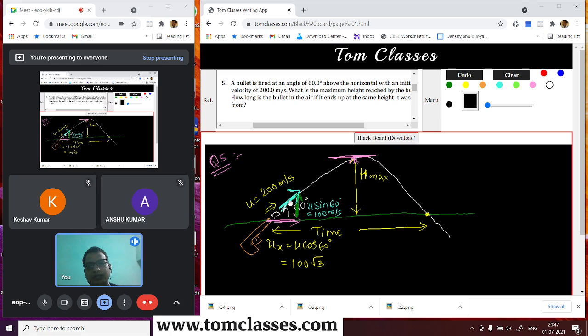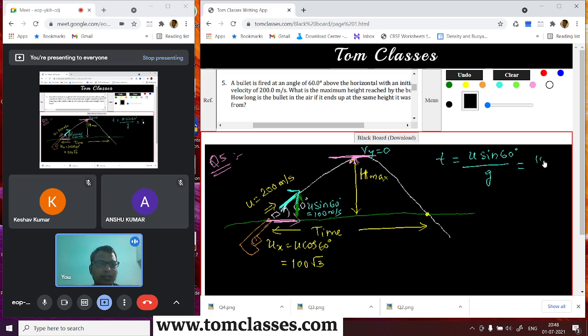Now we know that here the Vy component will be 0. So this is nothing but time of half flight, right? So the time to reach here is going to be u sine of 60 degree divided by g, right?